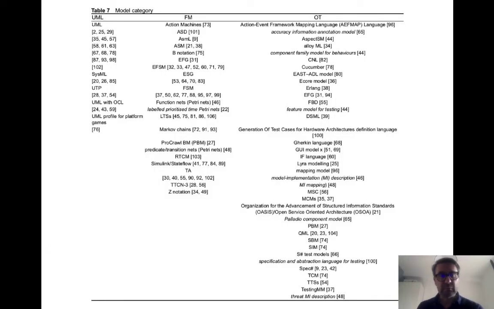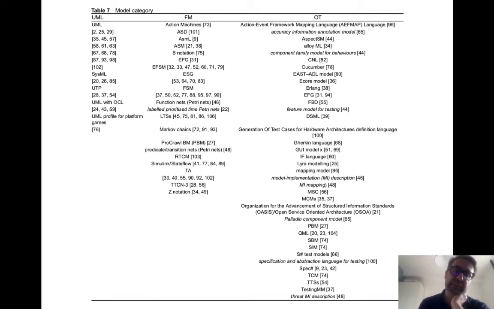Okay, that's an overview. If we look at the three main categories, you have UML on the left, and you see it's a shorter list, but there are quite a few references there. Formal methods, many different ones. Here it depends what you mean by formal, but you see the B language we discussed. EFSM, you see a lot of activity, and FSM, these are the biggest ones, the ones you've seen also from Jan and in the assignment.